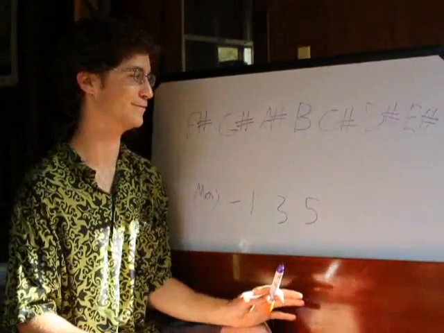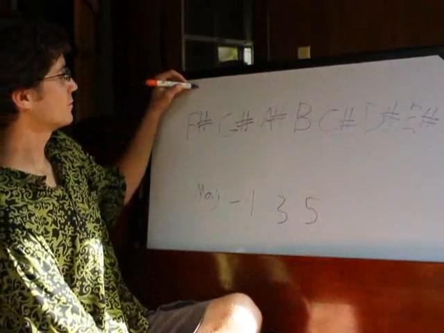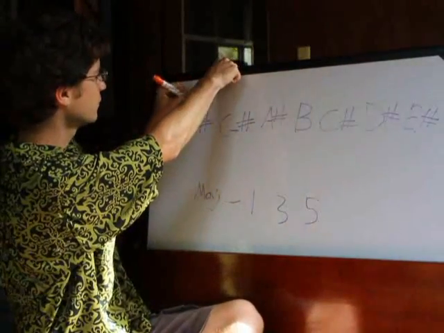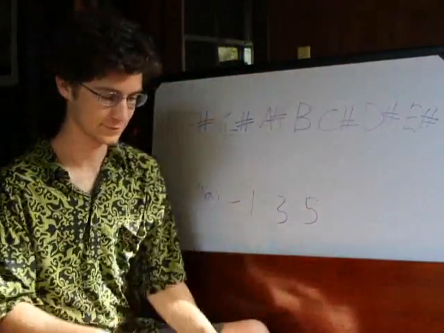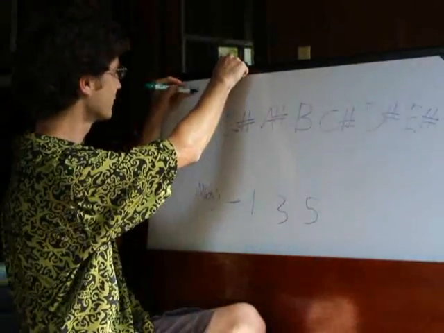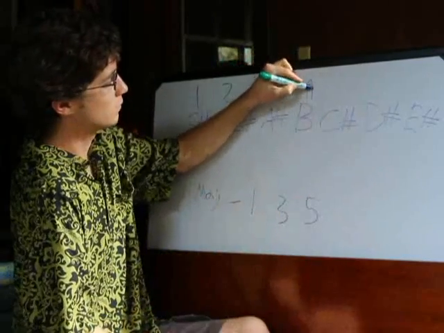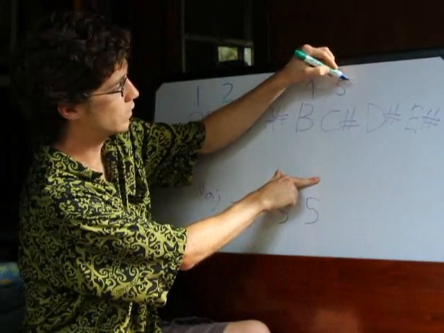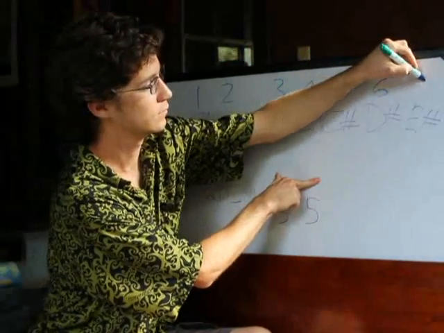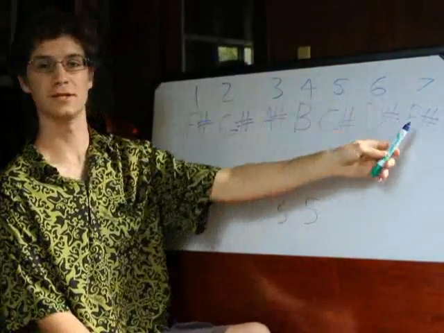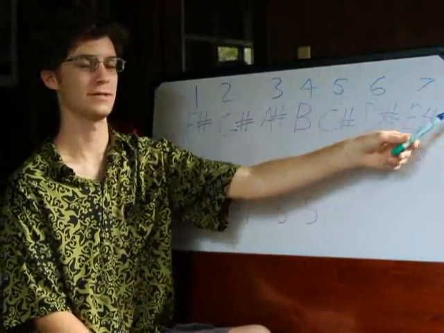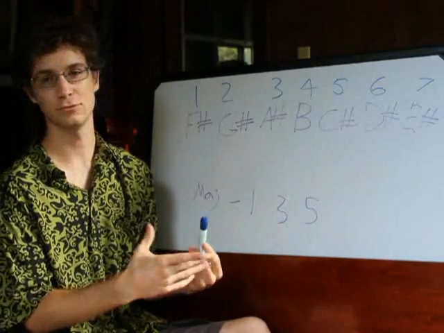Anyways, tangent over. So we put our numbers on the scale. Again, you can pretend the F sharp is down at the end here and it just repeats and you can call it 8 or 1.